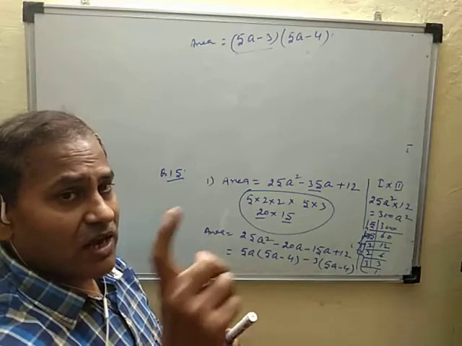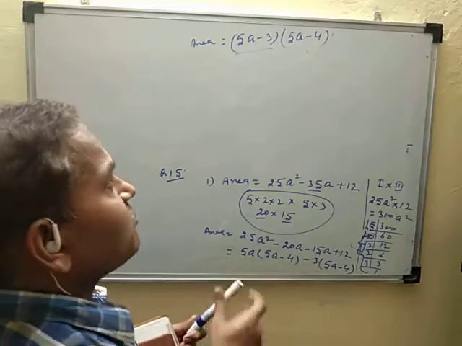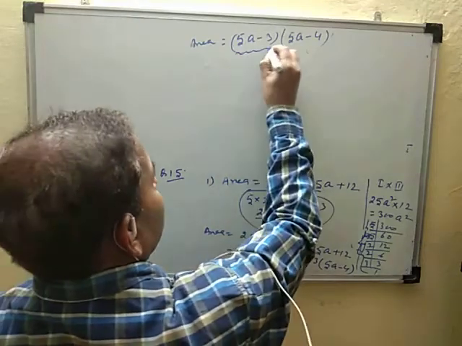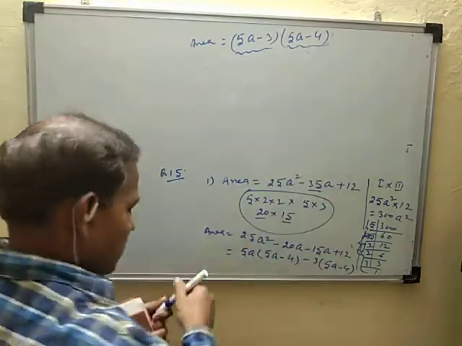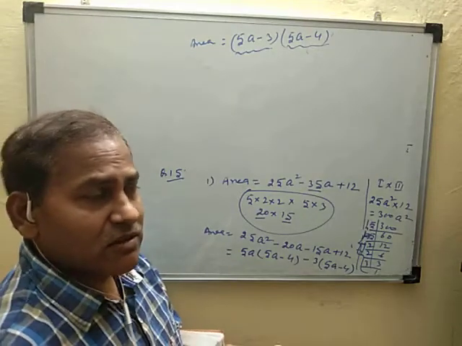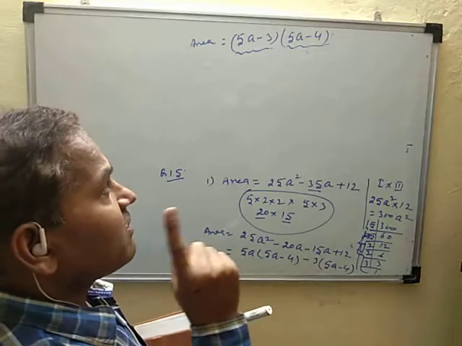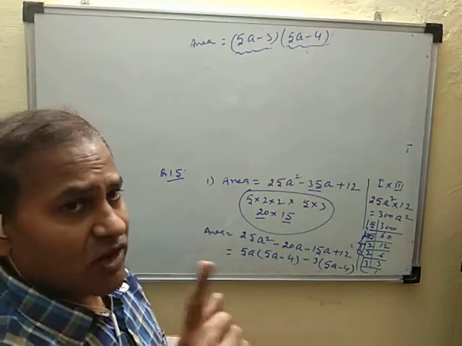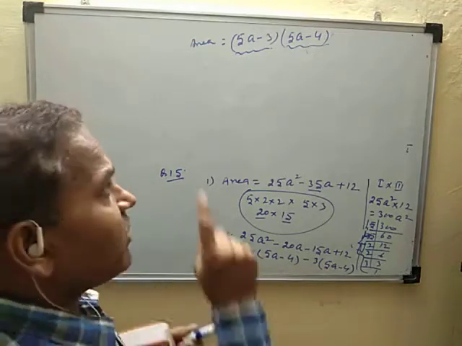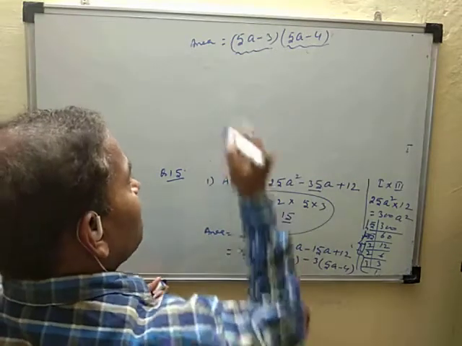Which value is greater, 5a minus 3 or 5a minus 4? 5a minus 3 is greater, depending on the value of a.